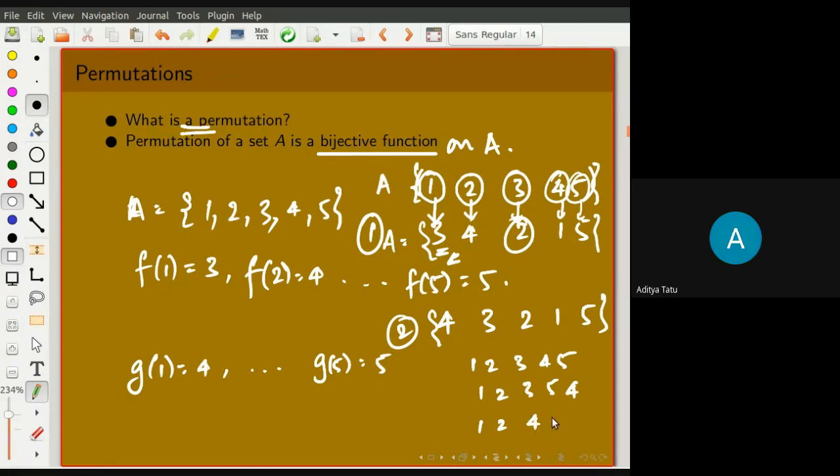We are considering it as ascending order, as numbers. Fine, considering them as numbers is fine. But for me, this particular rearrangement is one permutation, this is another permutation, and this is another permutation.